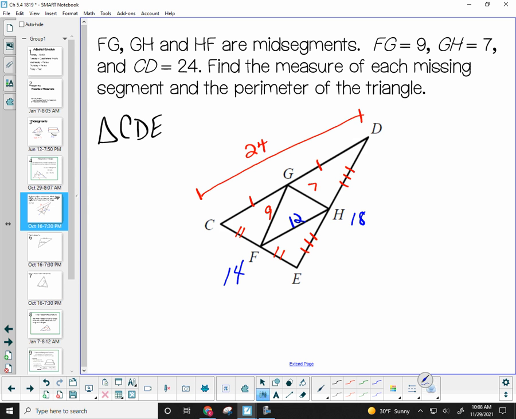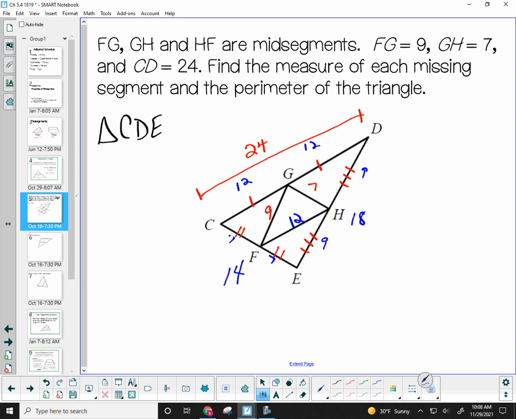Let's also think about, just to make a point here, if CE is 14, that means each half has to be 7 and 7, right? And then we have 9 and 9 for side ED, and for CD we have to have 12 and 12, just because it is bisected.